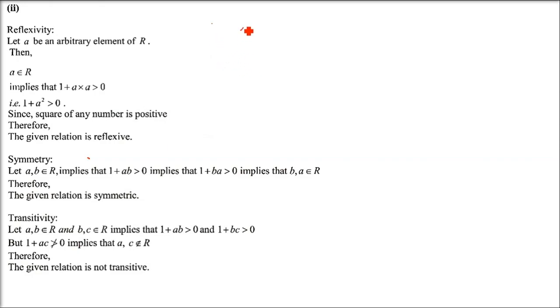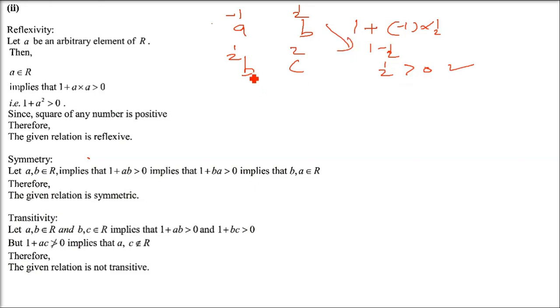Now transitivity. What we are going to see is A, B and B, C, and then we will have to check for A and C. Let us take A as minus 1. I'm just randomly taking the numbers, this is just hit and trial I've done. So A is minus 1, B is half, C is 2. Let us check the first one, 1 plus AB. So 1 minus half is going to be half, and half is greater than 0. This is absolutely correct.